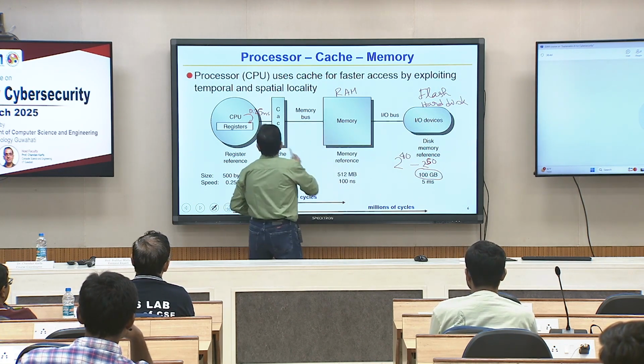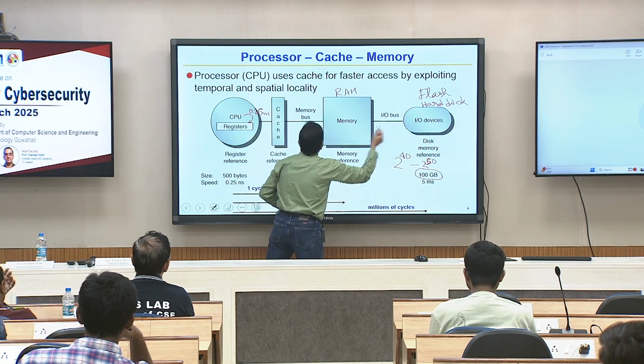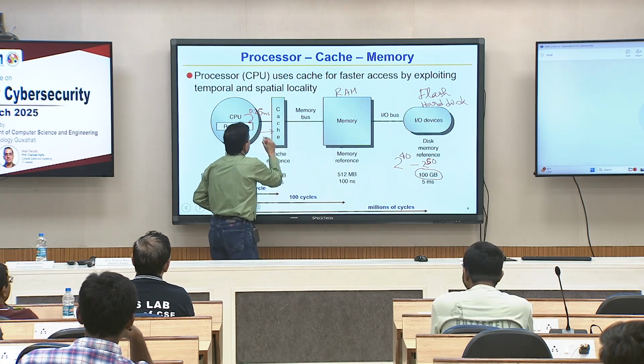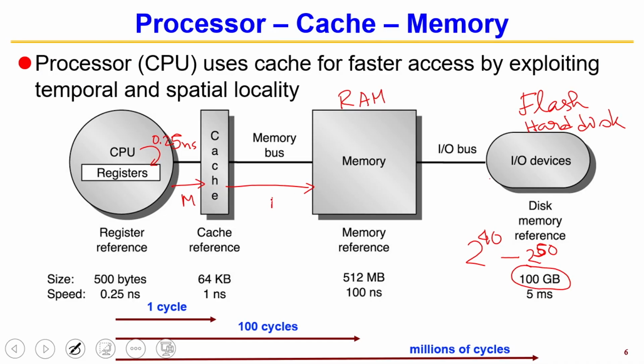The first instruction you fetch goes here, it is a miss, then it goes here, it is a miss, then it goes here and it gets that data, and then the return story happens. The only difference is here you bring something like a block, think of one variable. Here you bring something we call a page, think of a truckload of data. You are going far away, you are bringing a truckload of data and you are keeping a small portion of it here.